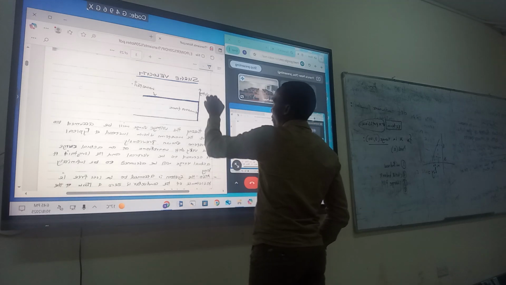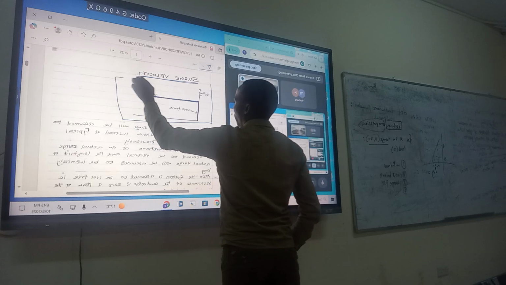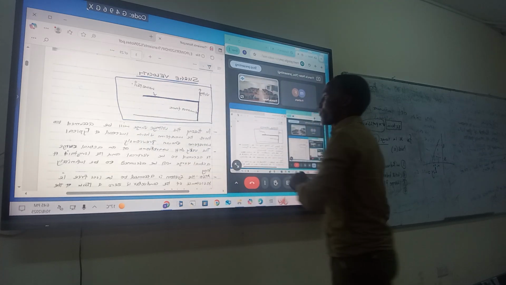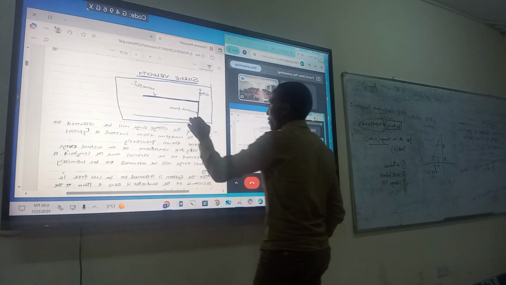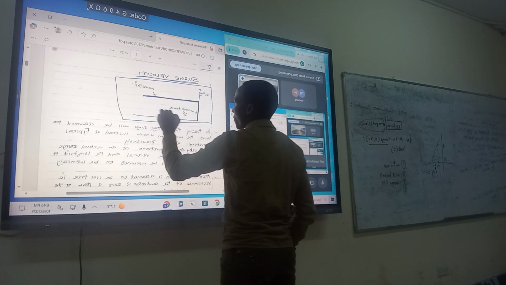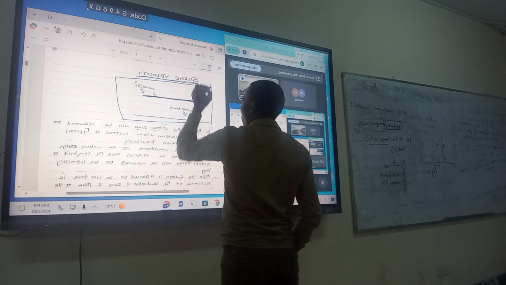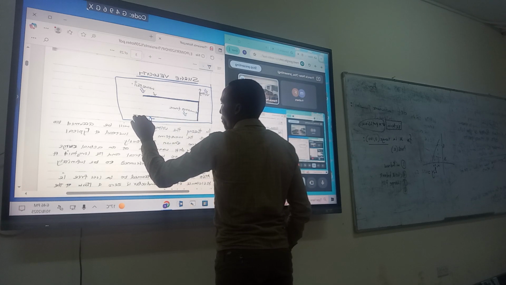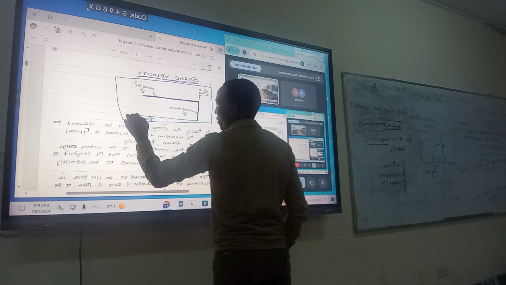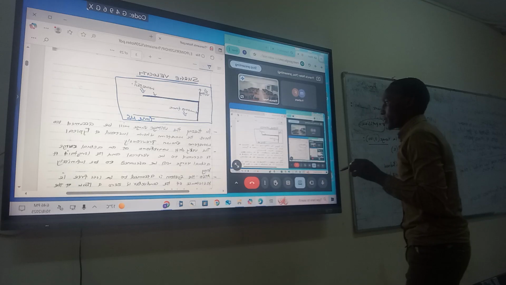You can just check this wave, whereby we have the wavefront, we have the wave tail, and we have the voltage axis, and of course this is our time in microseconds.